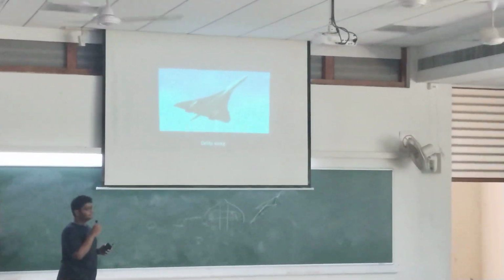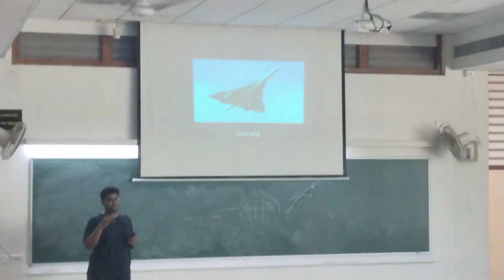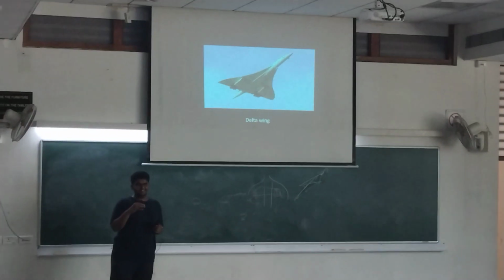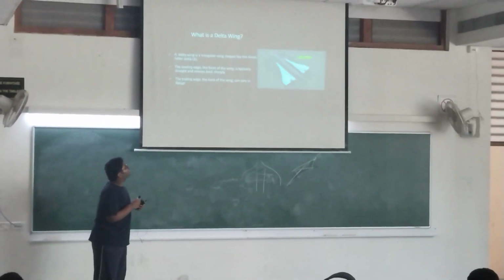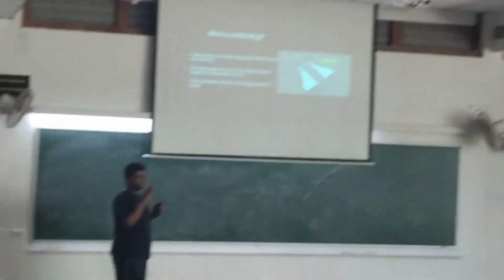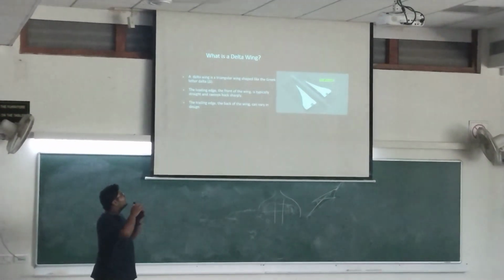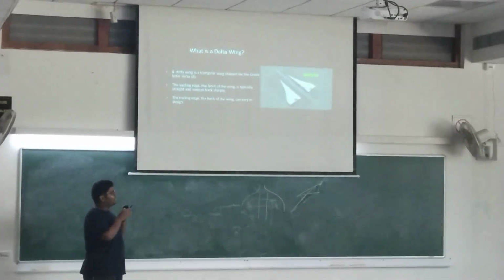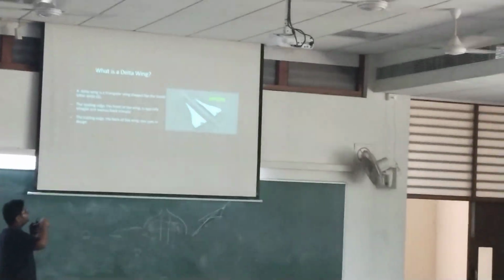I am here to talk about delta wings. Can anyone guess what it means from the name? Delta wings are wings which have the shape of the letter delta. In delta wings, the wing is triangular in shape.